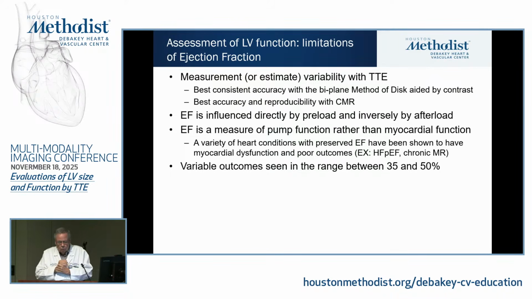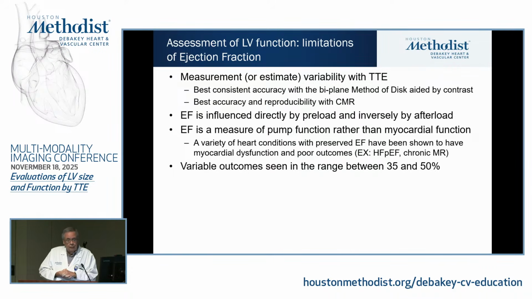And I think when we use contrast, we also tend to get closer to more accurate and reproducible methods. But at this time, we all agree that the gold standard is CMR, and we all try to do the best we can to get closer and closer to CMR values. And I think we discussed some of the tips that we can use to achieve that.